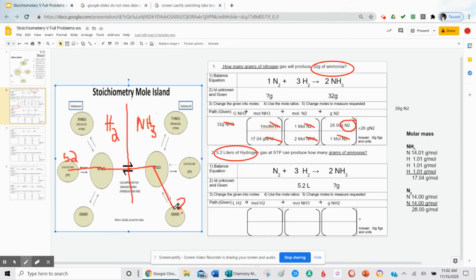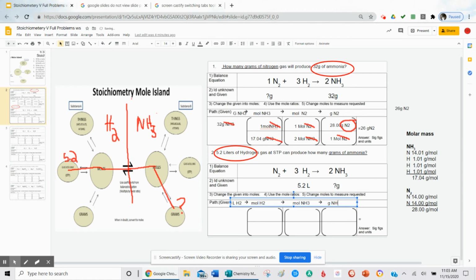So a slightly different path here. And I've put the path already in here. You have to have that if you're doing it on paper. Again, liters of hydrogen gas to moles of hydrogen gas to moles of ammonia gas to grams of ammonia. Let's fix that. There we go. So remember, this is a 3-step conversion. 1, 2, 3-step conversion.